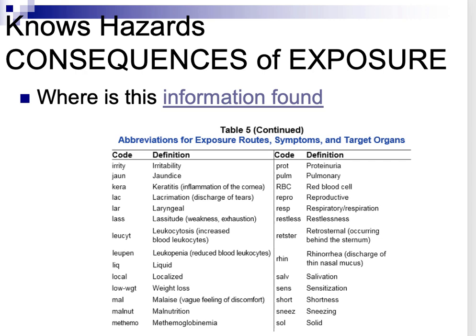So although we're covering confined space, we're also going to cover some more specific aspects of occupational safety and health. And so what I listed here was Table 5, and these are the abbreviation codes for hazards, as well as the route of entry and the target organ. And this is within the NIOSH Pocket Guide.